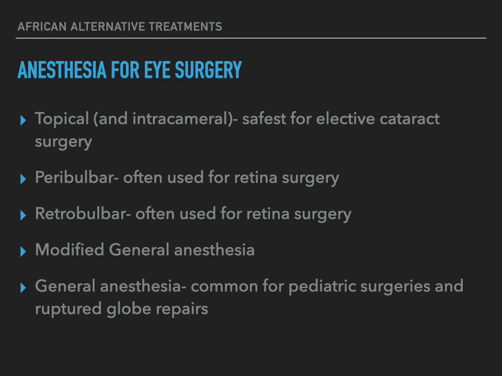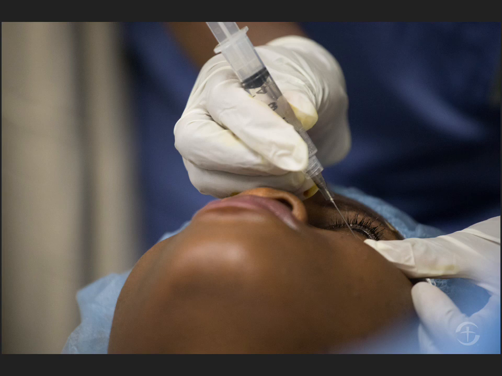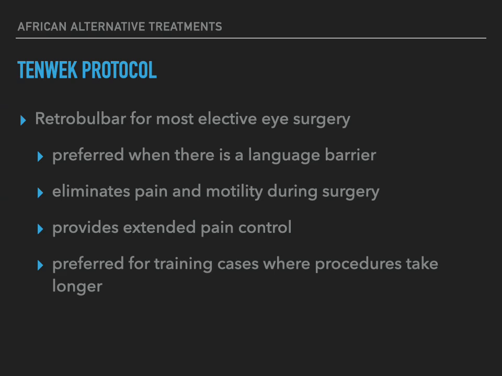Now, what about the topic of anesthesia for eye surgery? Common anesthetic practices in the U.S. include topical or intracameral, peribulbar, retrobulbar, and general anesthesia. At Tenwek, we use almost exclusively retrobulbar blocks for all eye surgeries.